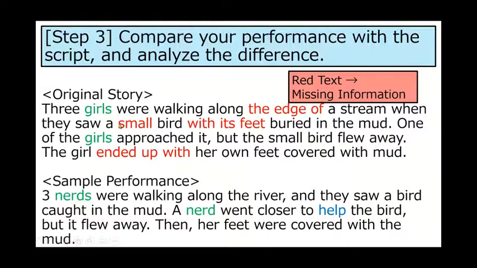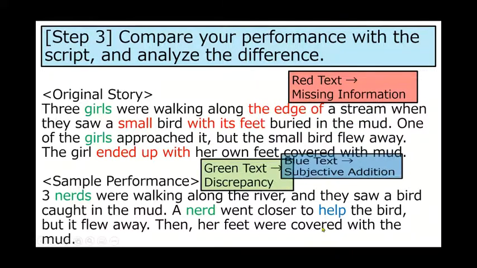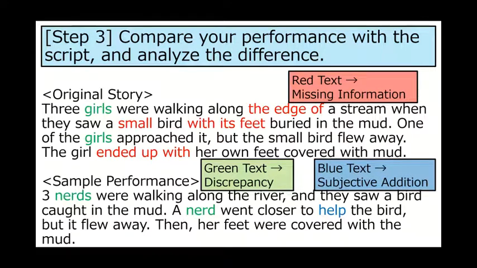The text in green seems to appear in both. However, the information in sample performance is incorrect, so I call them discrepancy. The text in blue appears only in sample performance, so I call them subjective addition.